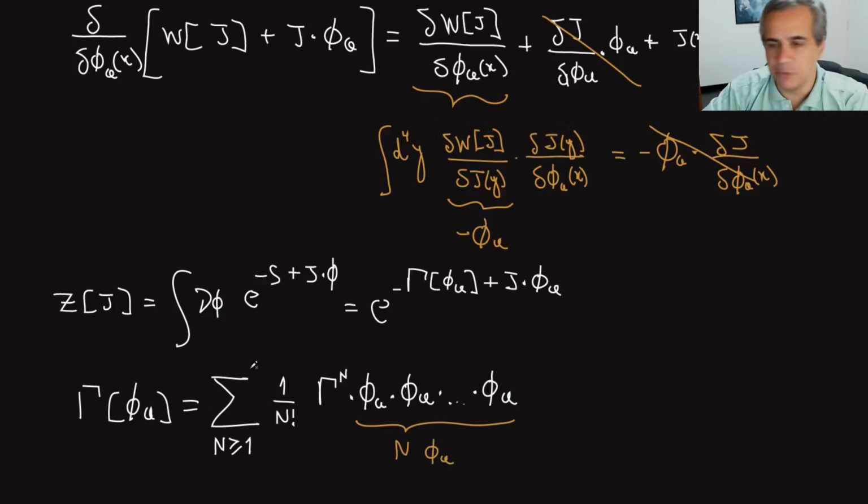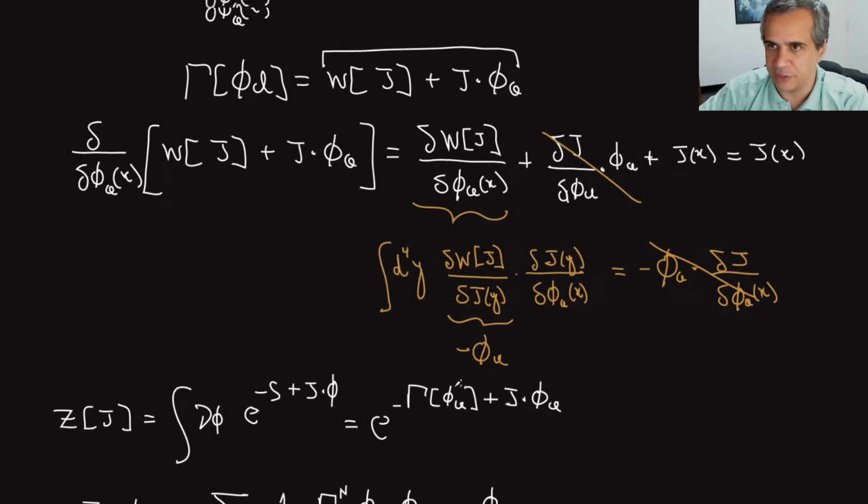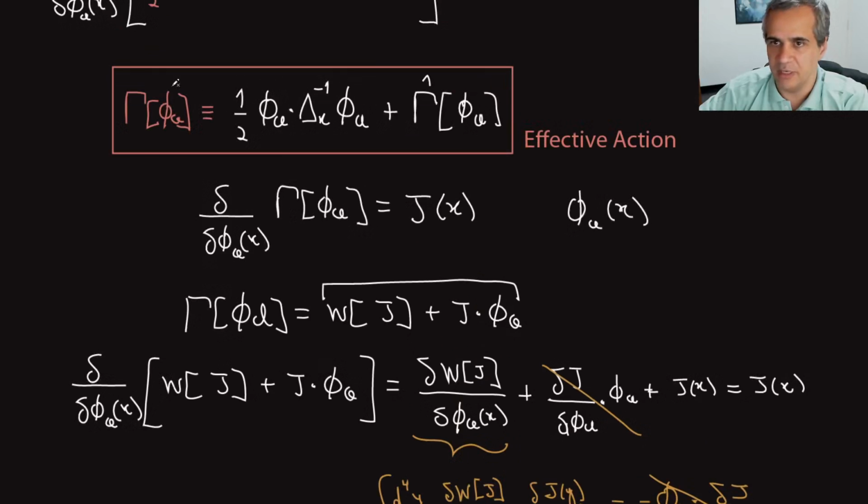It should be obvious that if I differentiate this thing for any number of fields different than 2, then if you go back to the definition and look at it, this term will disappear for any number of derivatives which is different than 2.